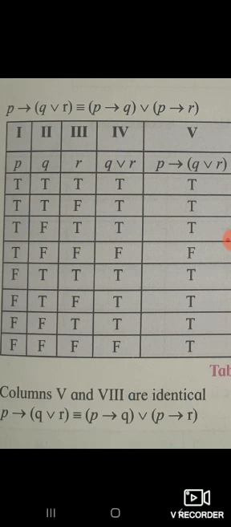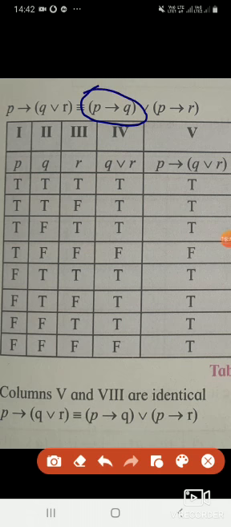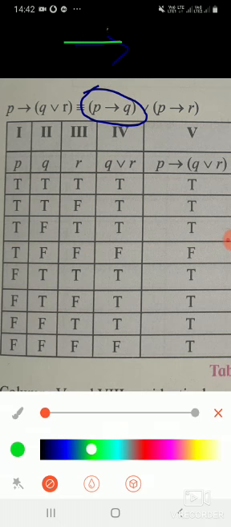Now let us see the right hand side. On the right hand side, P to Q conditional, P to R conditional, then the R table we have to use. So the conditional table and the R table you are going to use. First we write P to Q. In the conditional table, true to false is false, and the rest of everything is true.